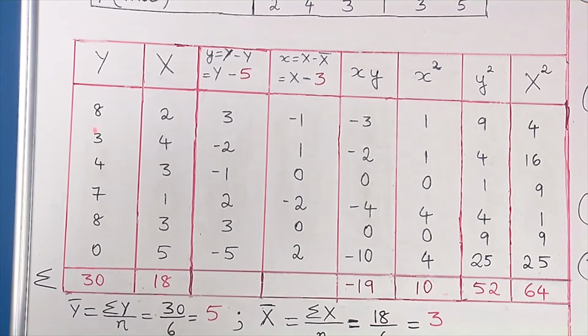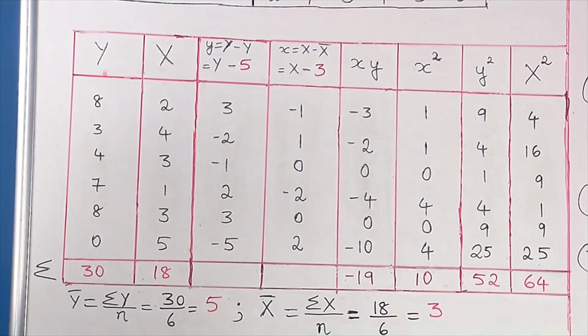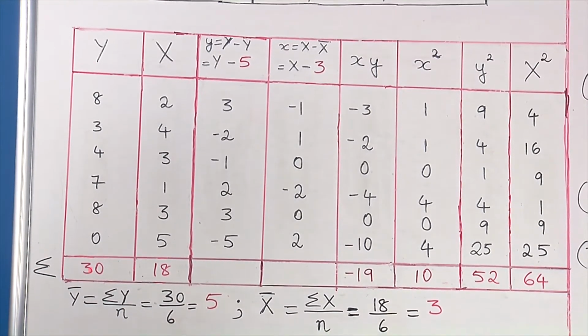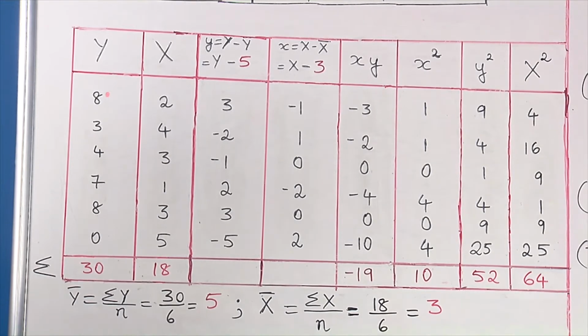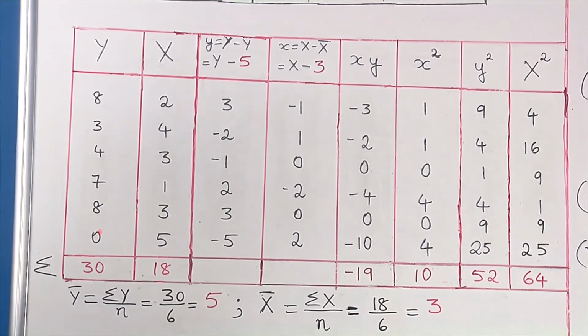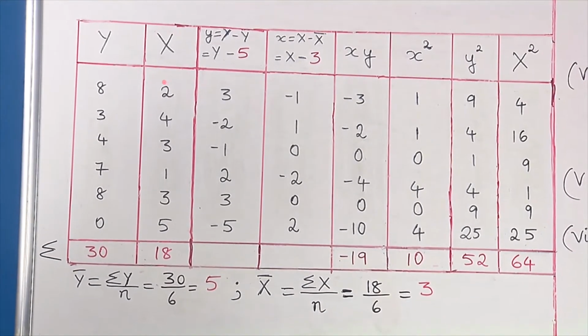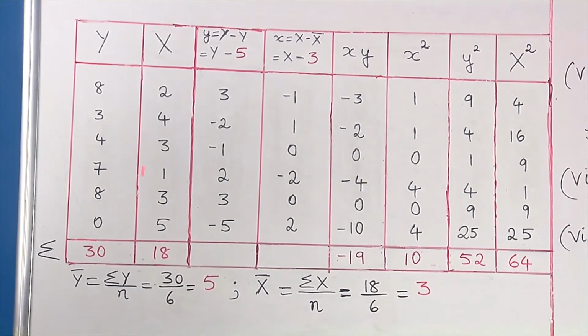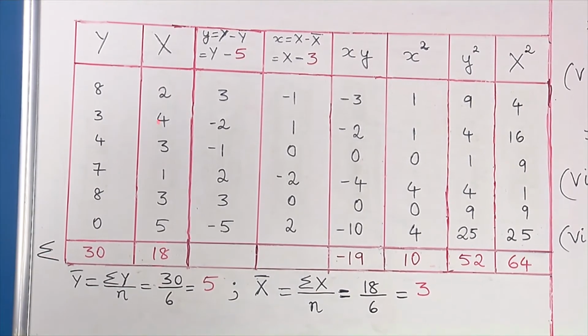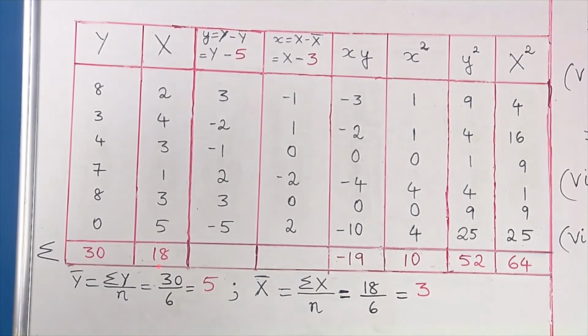First, calculate the sum total of all y values. Here the total value of all capital Y data is 30. Similarly, total up all x values and the total value here is 18.